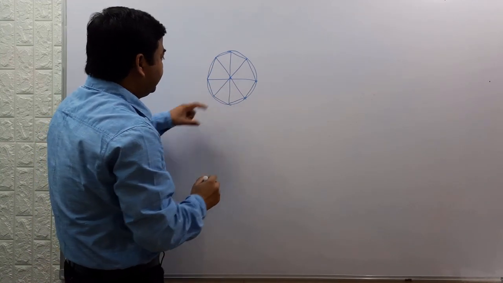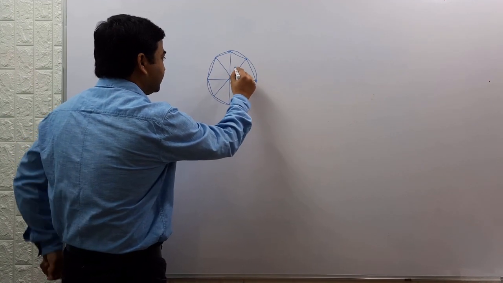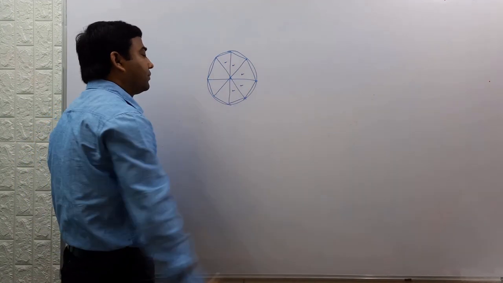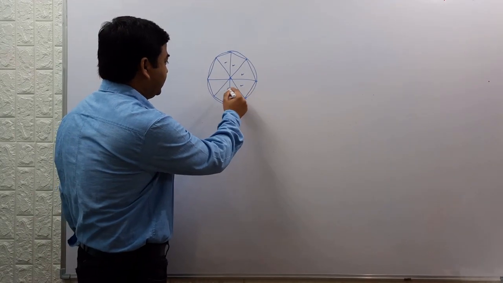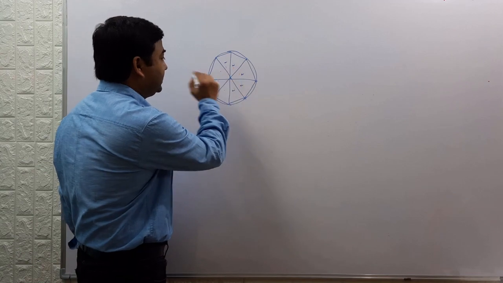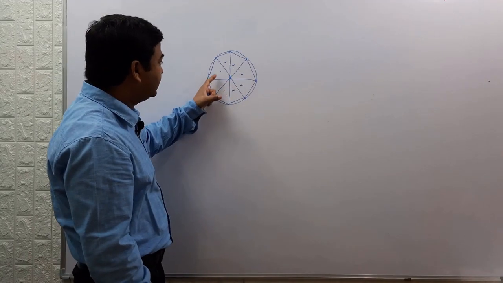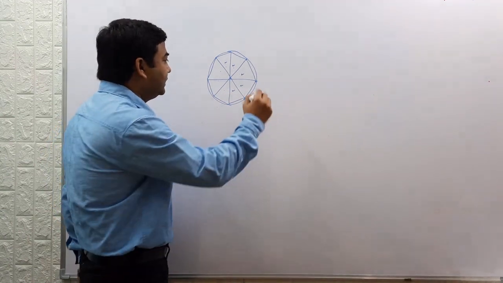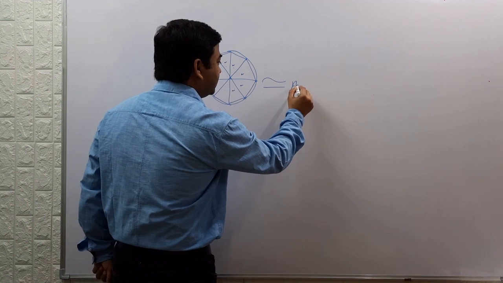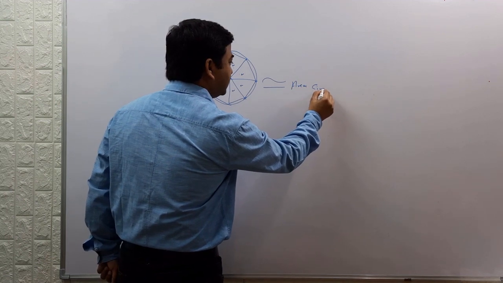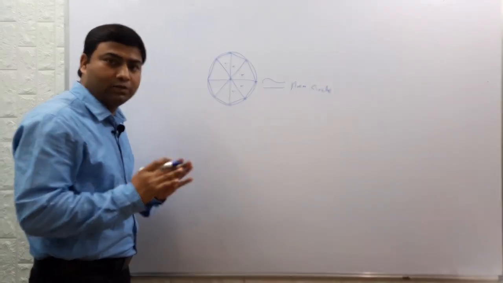So this circle has been divided into small triangles. You can say there are only 1, 2, 3, 4, 5, 6, 7, 8 triangles. So the summation of the areas of these 8 triangles will be approximately equal to the area of the circle. That was the method of exhaustion.